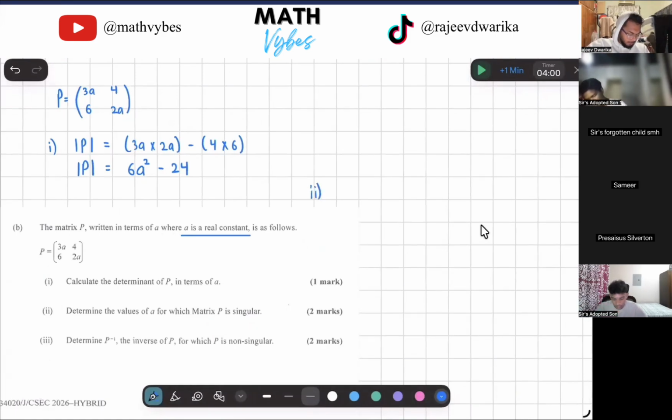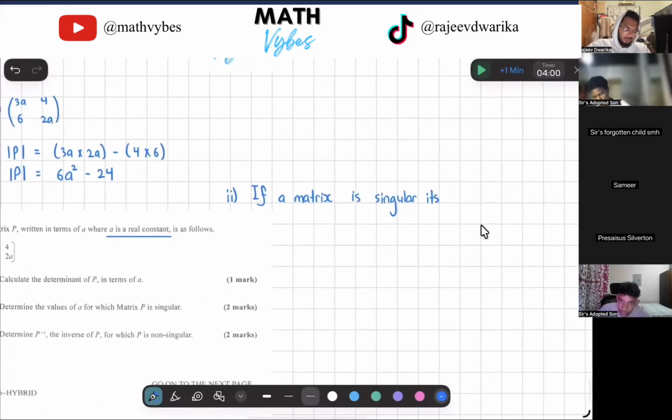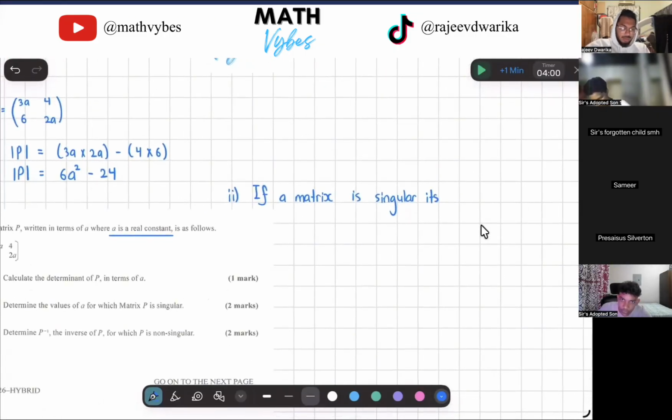All right, Ria, let's move on to part 2. Read part 2 for me. Determine the values of A for which matrix P is singular. Okay, if it is singular, what do we know? What is equal to 0? Starts with D. Determinant. Right?